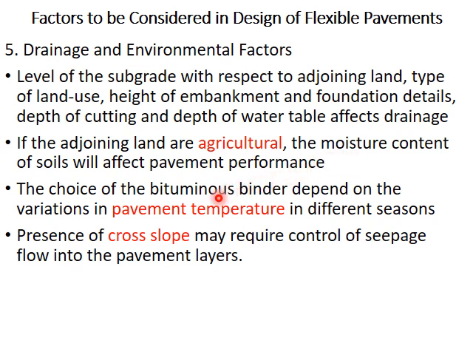Also, the pavement temperature in different seasons will influence the type of binder to be used. And also, some cross slopes will be flat, that is they won't allow efficient drainage of surface water. In that case, we have to control the seepage into the pavement layers.